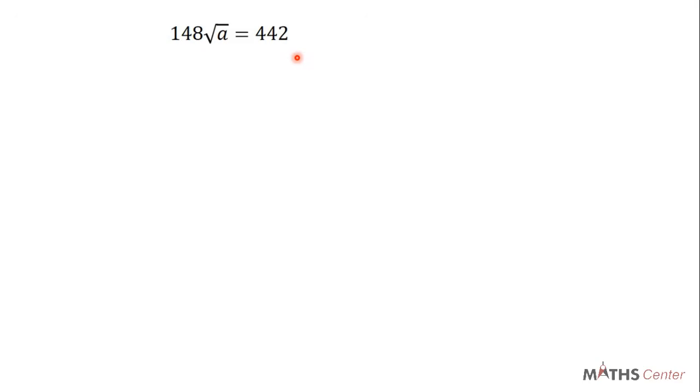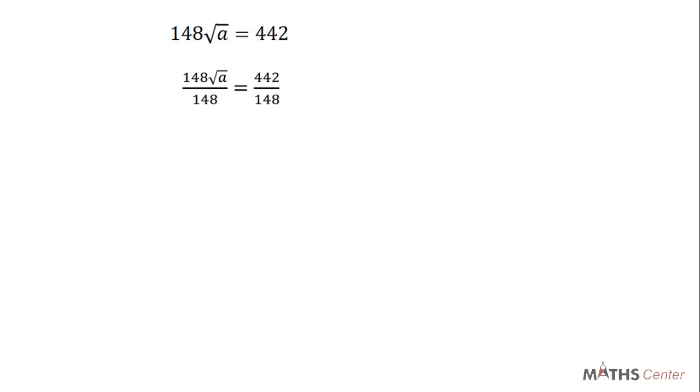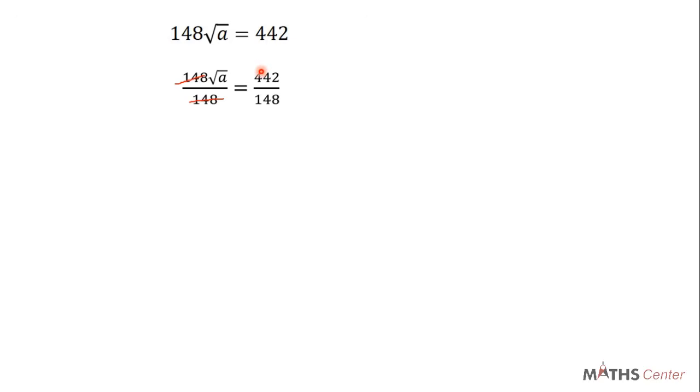We divide both sides by 148. So if you divide both sides by 148, you have 148 here and 148 here cancelling out. So you have square root of A on the left hand side. And on the right hand side, you have 442 divided by 148. So square root of A is equal to 221 divided by 74.